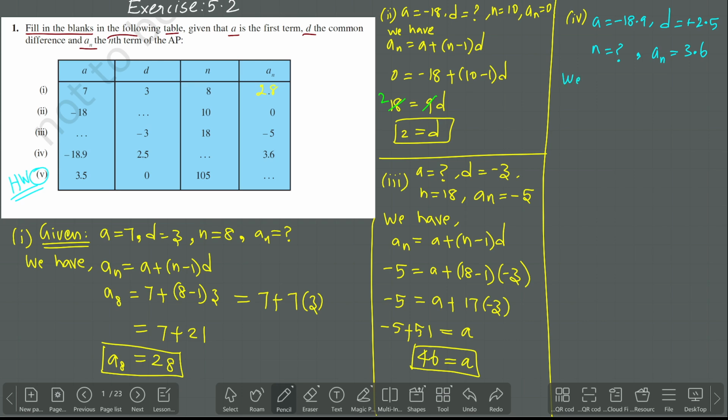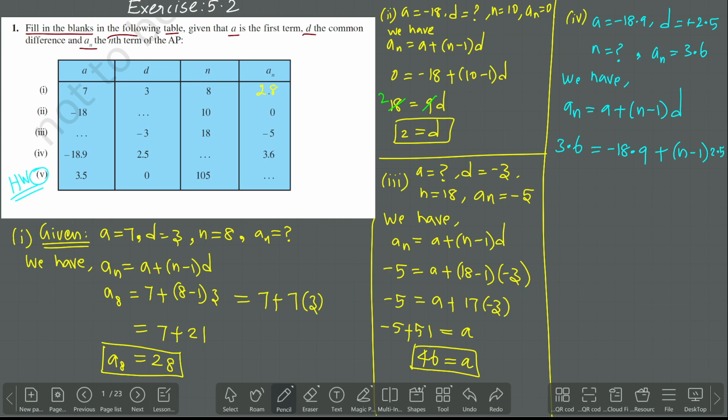We have a formula. What formula? AN equal to A plus N minus 1 into D. AN value they gave 3.6. A value minus 18.9, plus N minus 1, they asked us to find N. D value plus 2.5.